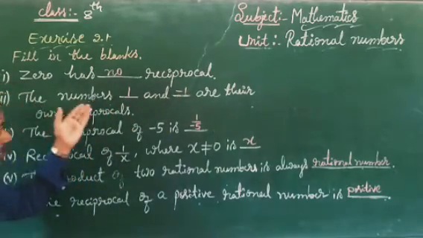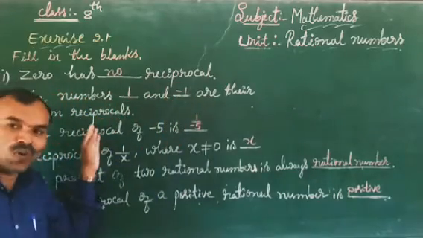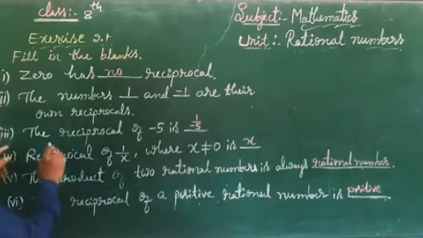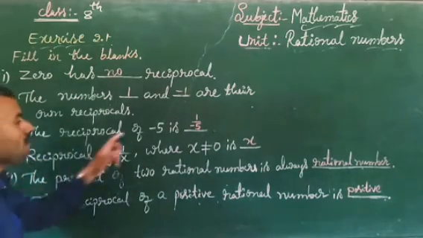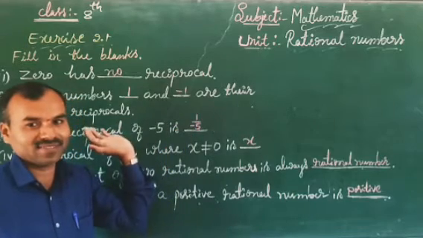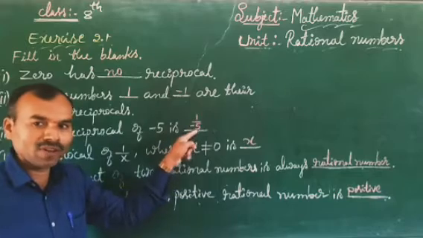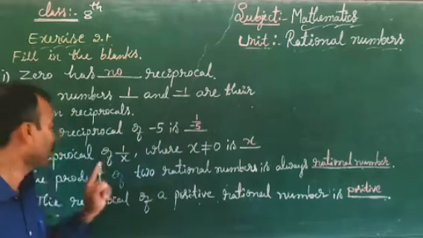Second one, the numbers 1 and minus 1 are their own reciprocals. Third one, the reciprocal of minus 5 is 1 by minus 5, that is, minus 1 by 5.